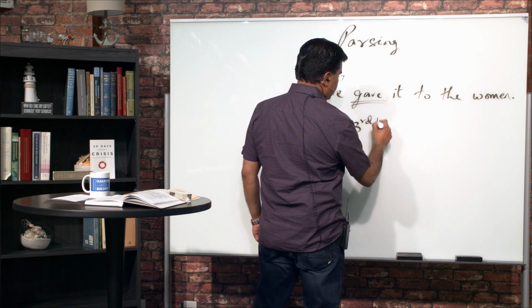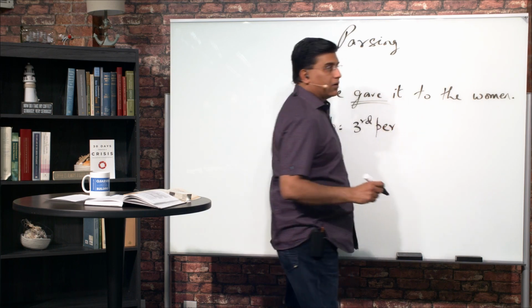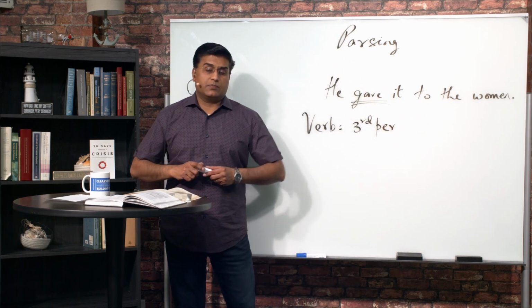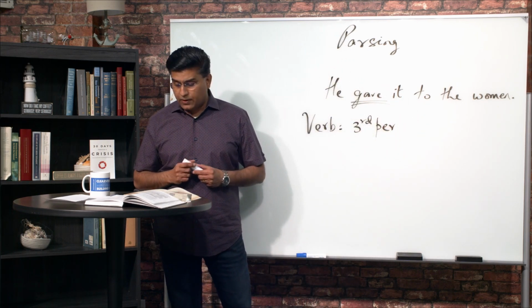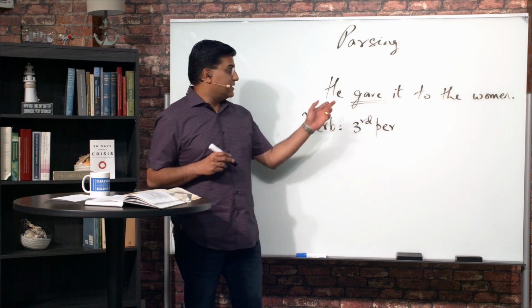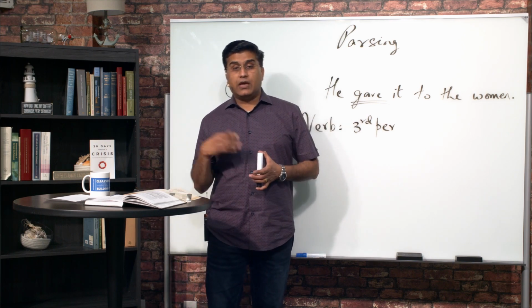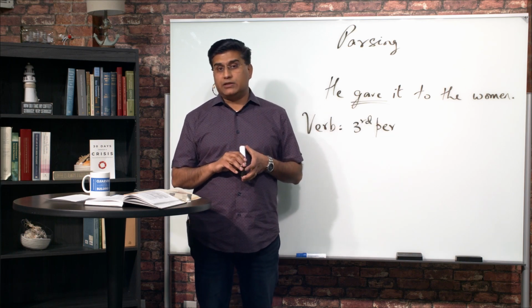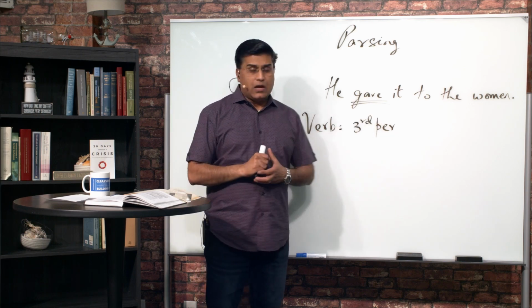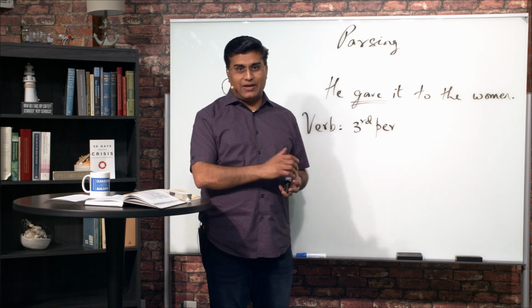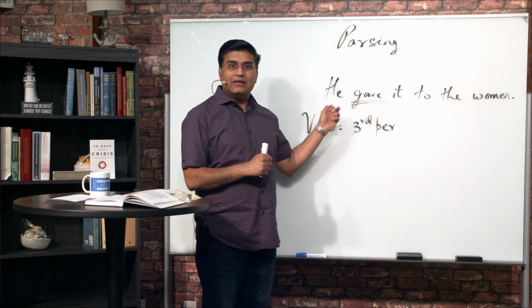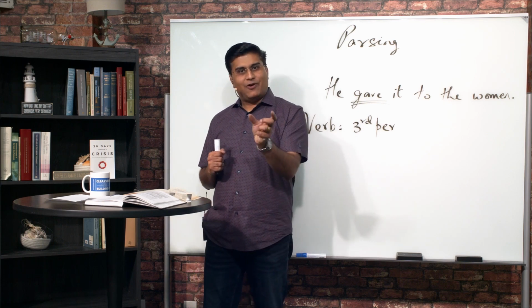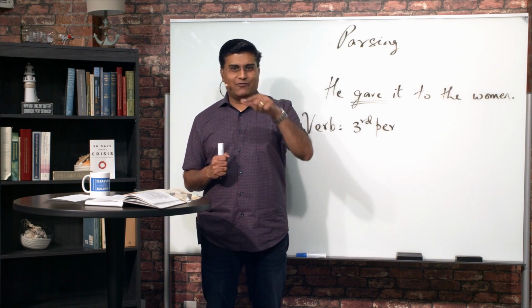You can write like this if you like. Third person. Is it singular? Is it plural? It is singular. How do we know it's singular? Because he gave. It's not they gave to the women. If it was functioning like that, then we would have a different parsing. Now keep in mind, when you go to Greek, you don't need a he because the word by itself will give you all the information.